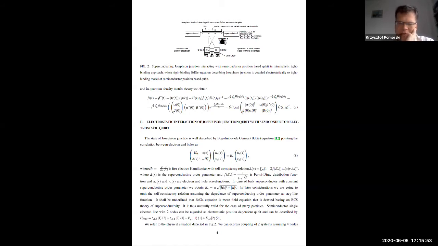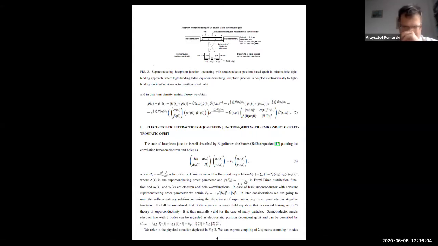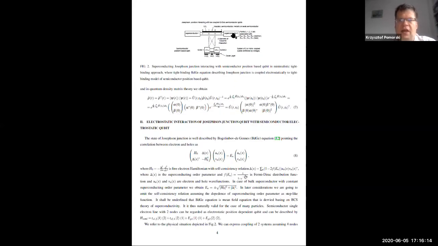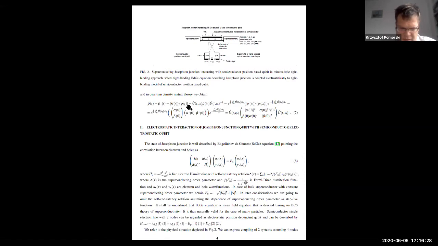So as we know, there is an Andreev bound state in every Josephson junction, and this Andreev bound state is the case of an electron moving from a normal state to a superconductor being reflected as a hole, and again, a hole moving from a normal metal to a superconductor is reflected as an electron.